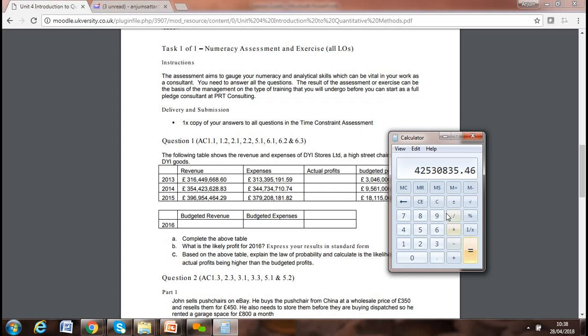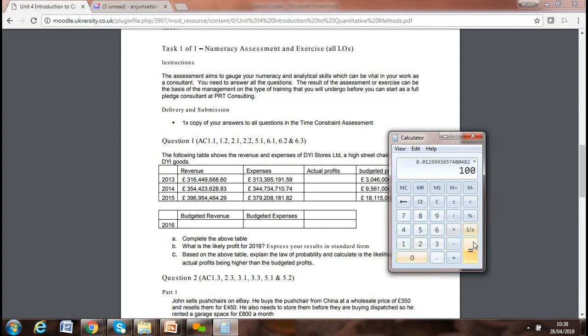Divide on the base year, which was 2014, and times by 100.